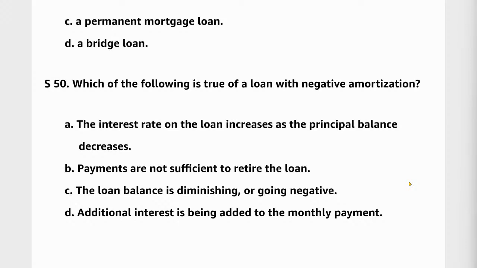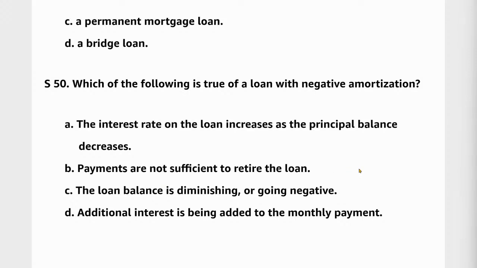I'm sorry, the principal payment, the amount that goes towards the principal, increases. The amount that goes towards the interest decreases. That's a normal amortization.